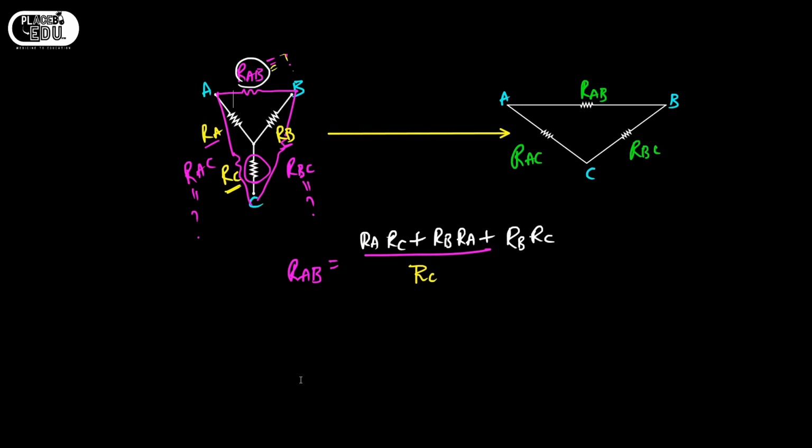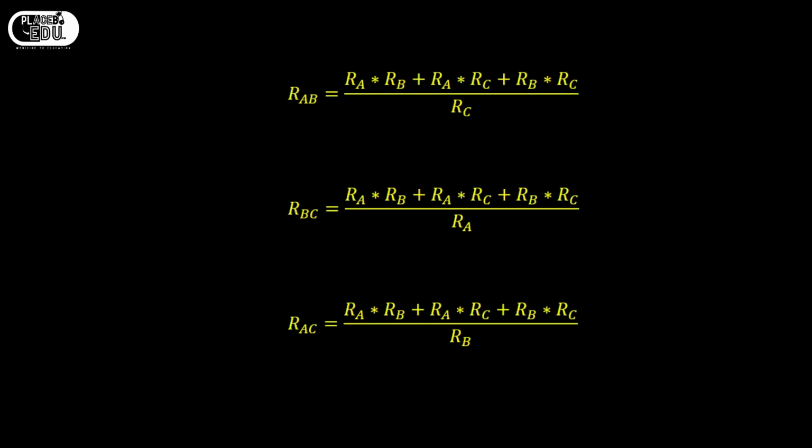Okay, so now see here RAB, RBC and RAC. What is RAB? The resistor which is opposite to RAB, that is RC. This is very important. The resistor which is opposite to RBC is RA, and the resistor which is opposite to RAC is RB.